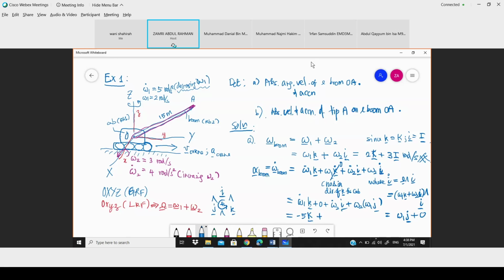And then we have 4 capital I, plus now omega 2 is 3, omega 1 is 2, so 3 times 2 is 6. So 6 capital J radian per second squared.